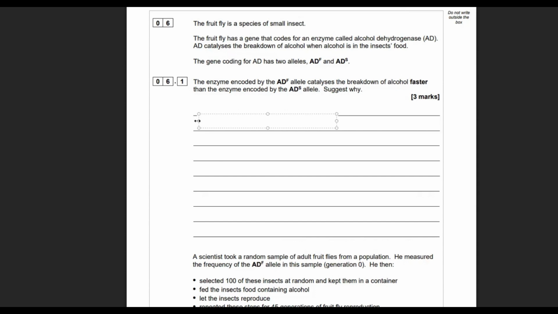Why is it that ADF works better? What I would say is it possibly has a different primary structure, and therefore it will have a different tertiary structure. So we might want to say different amino acid sequence or primary structure.